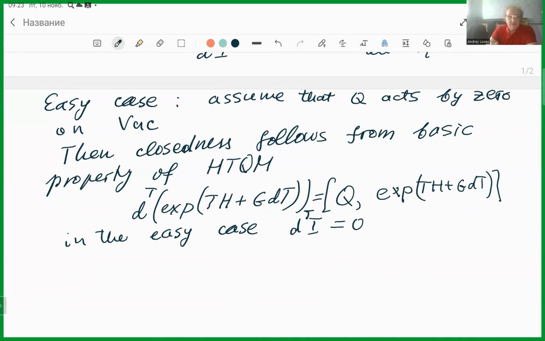Tim, is it clear? And here again, d t is different from Q. d t has nothing to do with Q. That's why I write it by different letters.